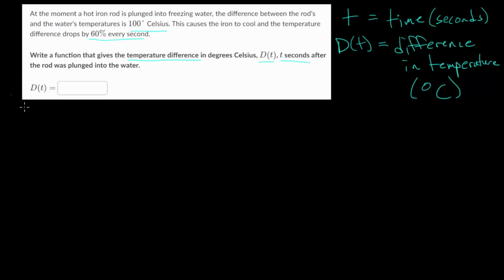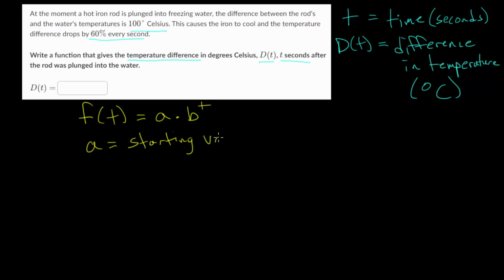So the general formula for exponential growth or decay, let's say we have some function f of t, will be equal to a, which is our starting value, multiplied by our base raised to the t power. So a, that's the starting value.